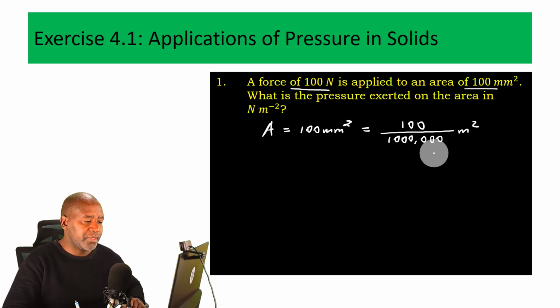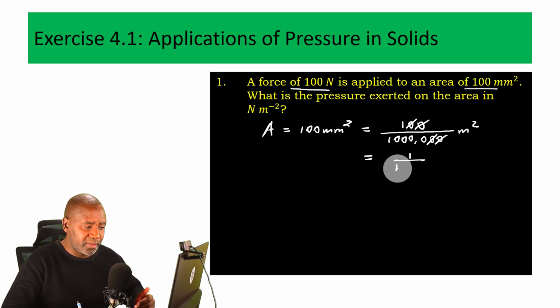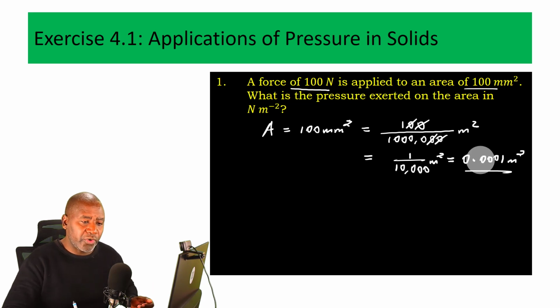It's just as simple as that. So this is 1 over 10,000 meters squared, and this is 0.0001 meters squared. What I need you to recall here is that 1 meter squared is the same as 1 million millimeters squared. So you can use that conversion unit.